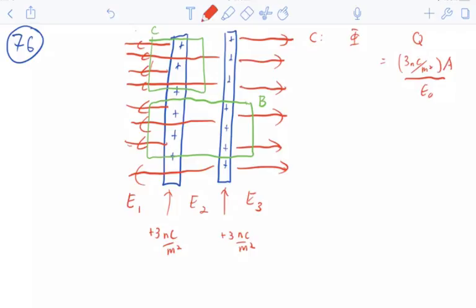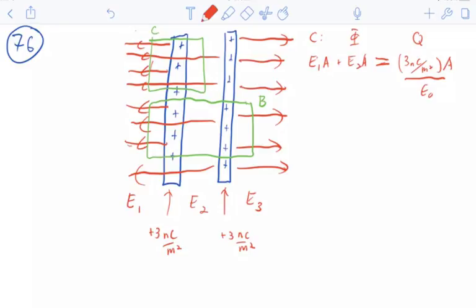In the previous case, last time I did an infinite sheet, it was the same amount on both sides. But in this case, we don't know if it's the same amount on both sides because you don't know what the electric field strength is in the middle. So on the left-hand side it's E1A, and on the right-hand side it's E2A. That's what the flux is going to be.